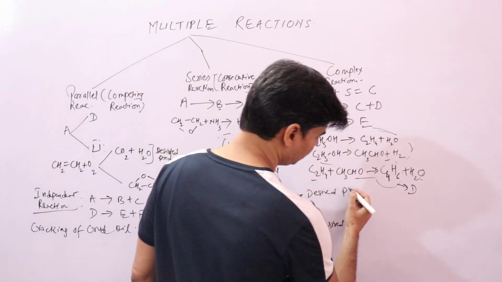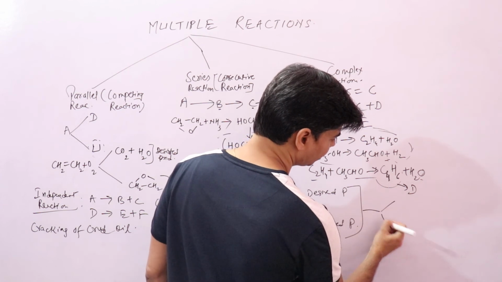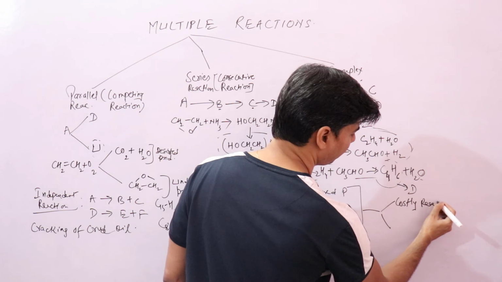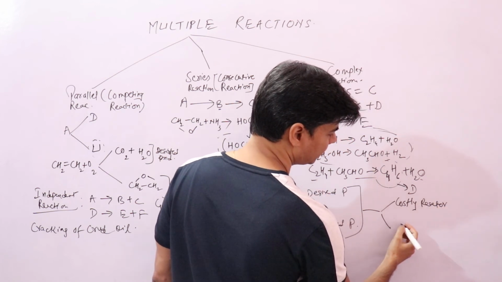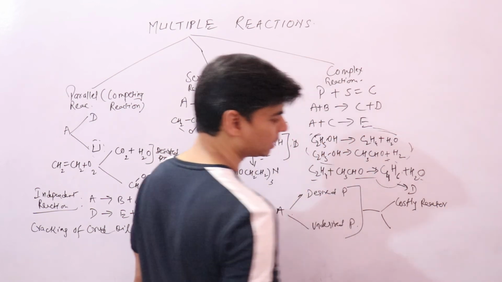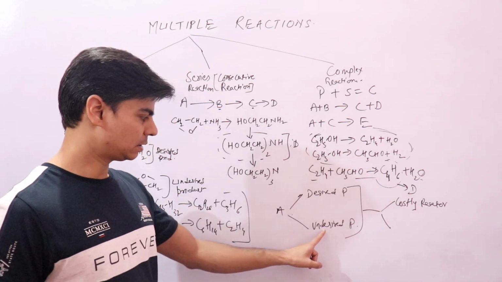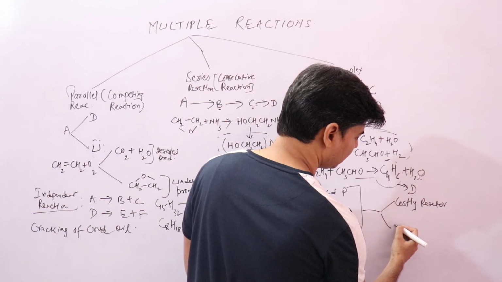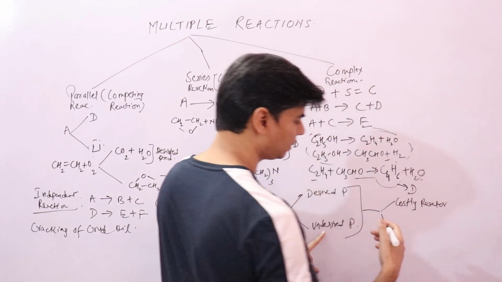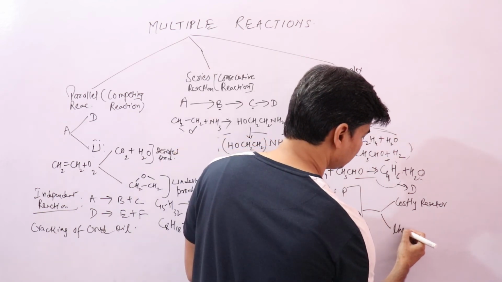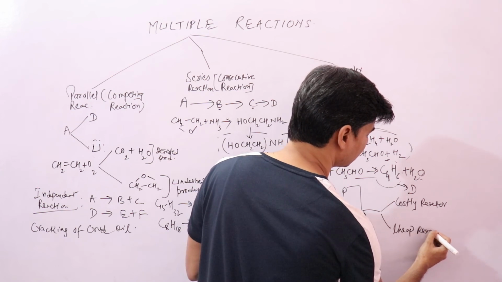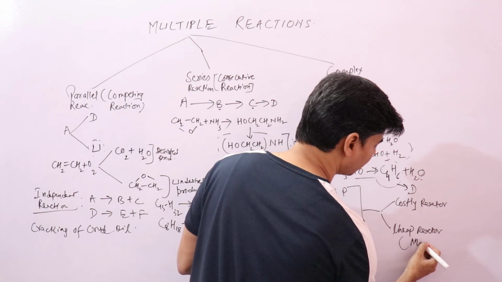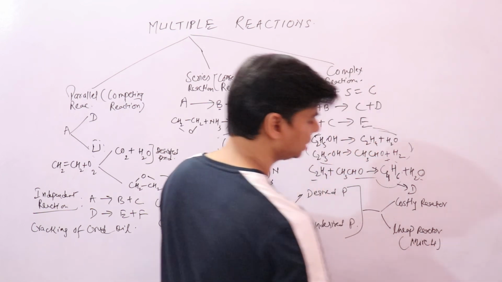Either you take a costly reactor, which gives less undesired product, or you take a cheap reactor, which will have more undesired product.